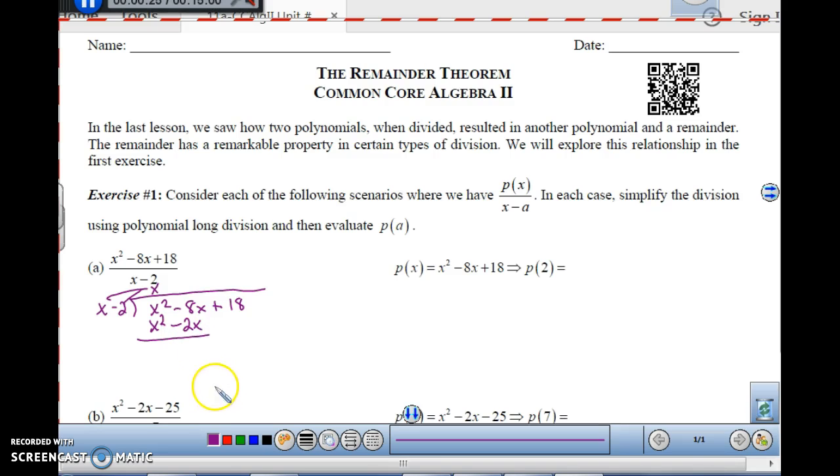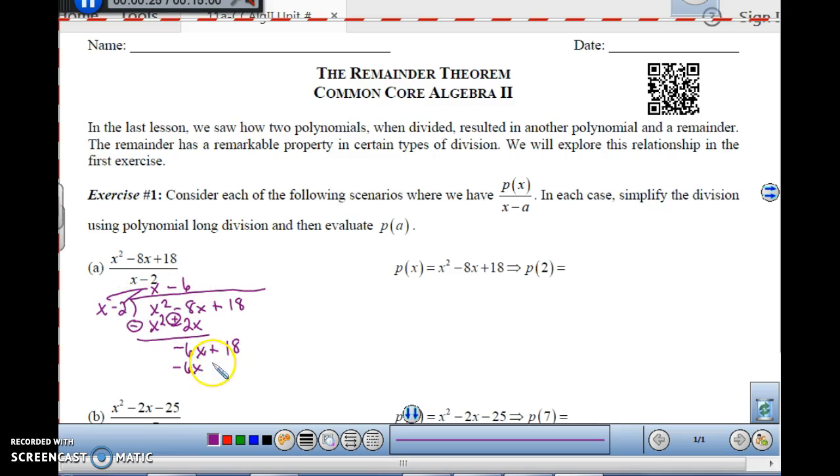Now remember you have to subtract. I like to put the signs here so I know I changed them. That becomes plus, so these are going to cancel out, and then negative 8 plus 2 is negative 6x plus 18. Then we repeat the process. x times what is negative 6x? Well, it would be negative 6. Multiply both of these, you get negative 6x.